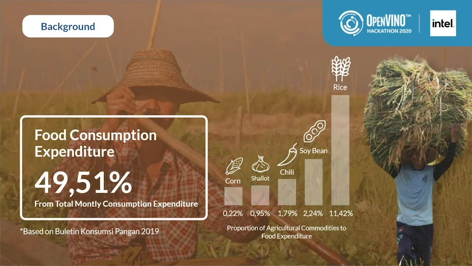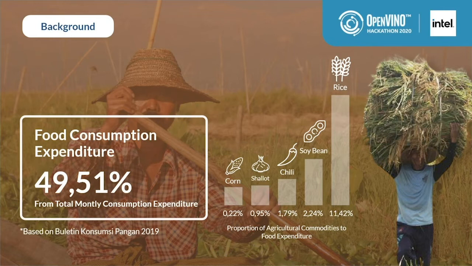As you know, based on this presentation of human food consumption, we can see that these 5 commodities make up 49% of the total monthly consumption of the household.